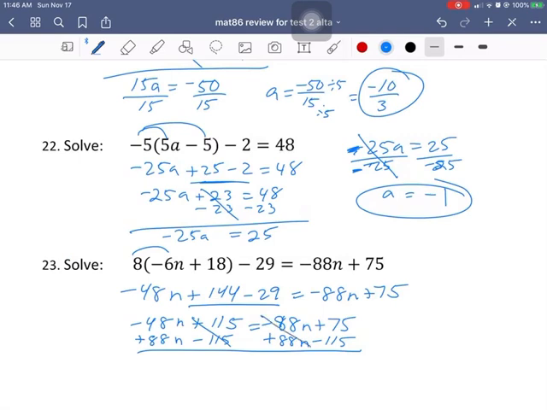Let's see, that's a positive 88 minus 48 is a positive 40. Positive 40n equals, this is going to be a negative on this side. Let me just double check that.